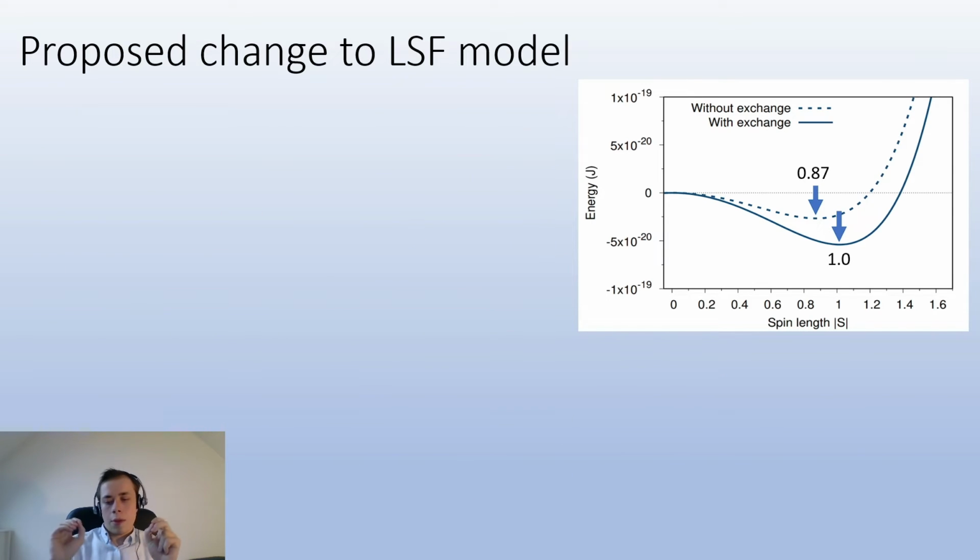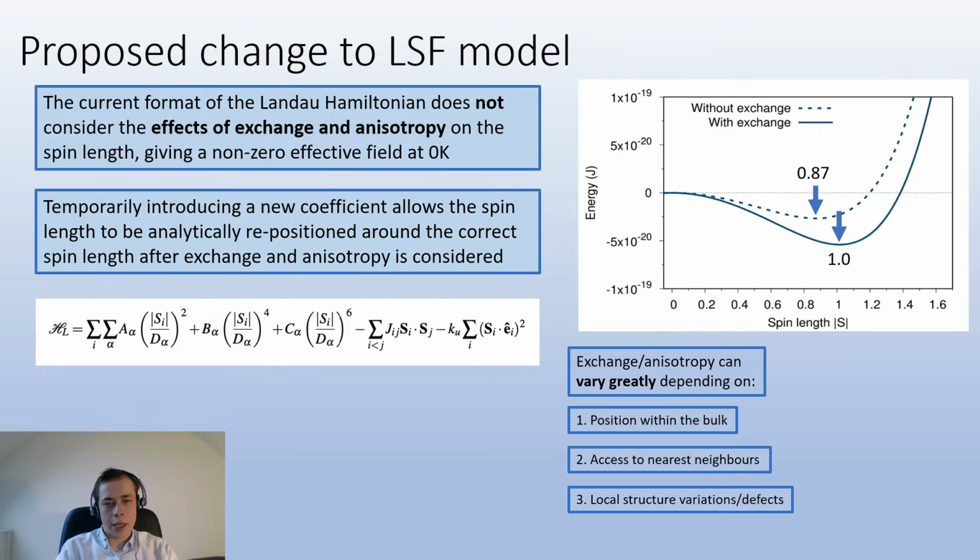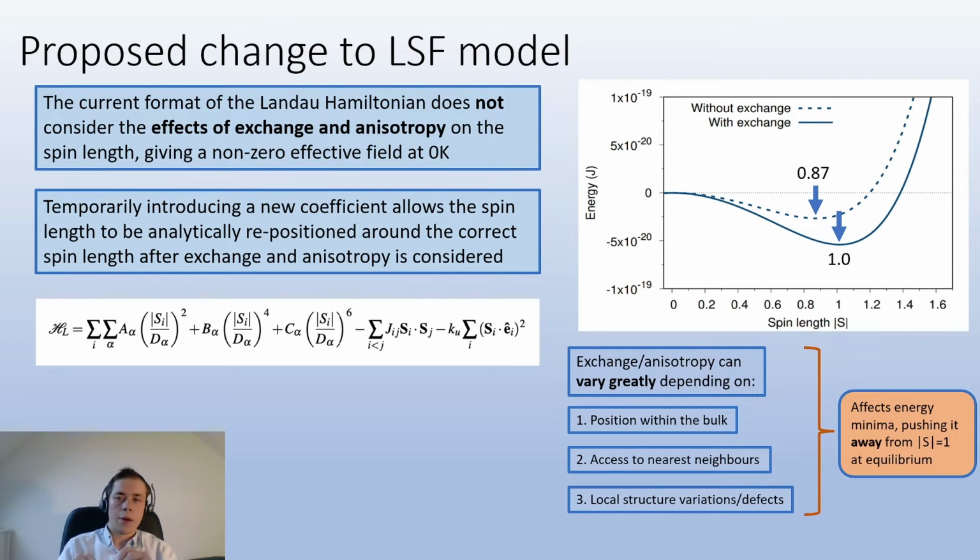There is a slight difference to the way that we have decided to look at the LSF model compared to the papers that I've included at the start of this video. The biggest difference is that when we were implementing this, we realized that the exchange and anisotropy, and by extension the applied fields, have a significant effect on where your spin length minima is located at equilibrium.